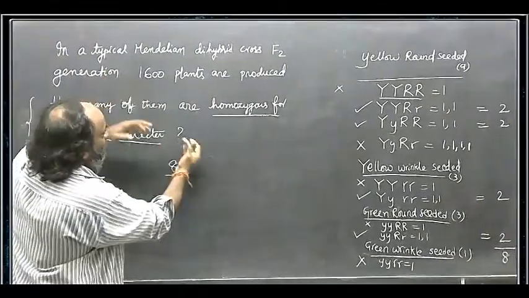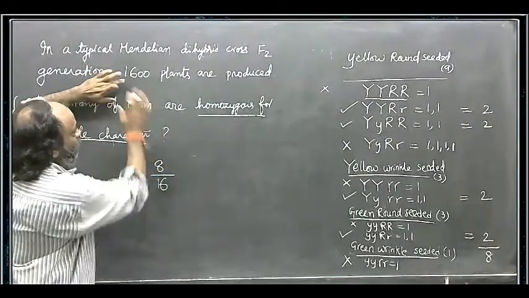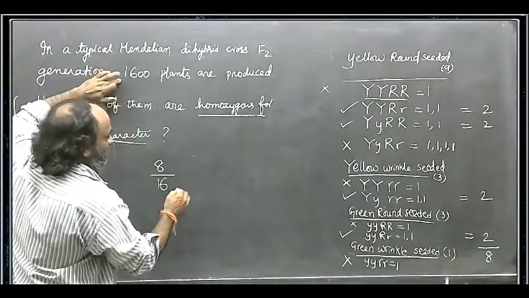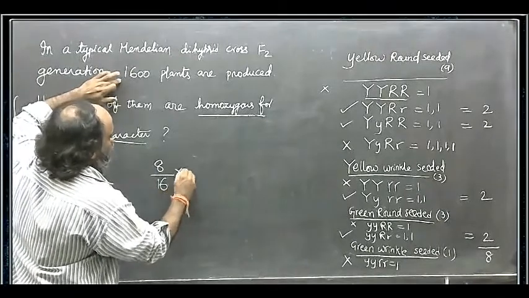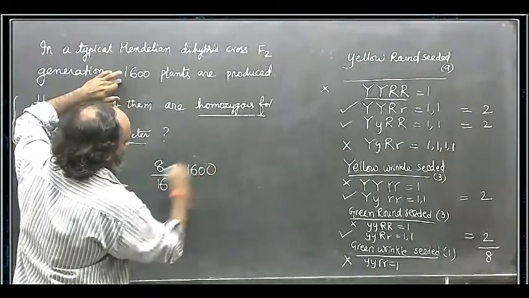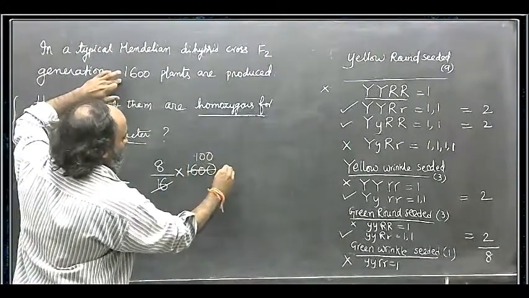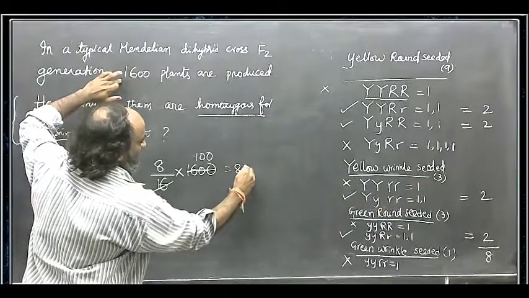Means half of 1600. 8 is half of 16. Half of 1600 is 800. Just you put 8 by 16 into 1600. It is 100 times 8, that is 800.